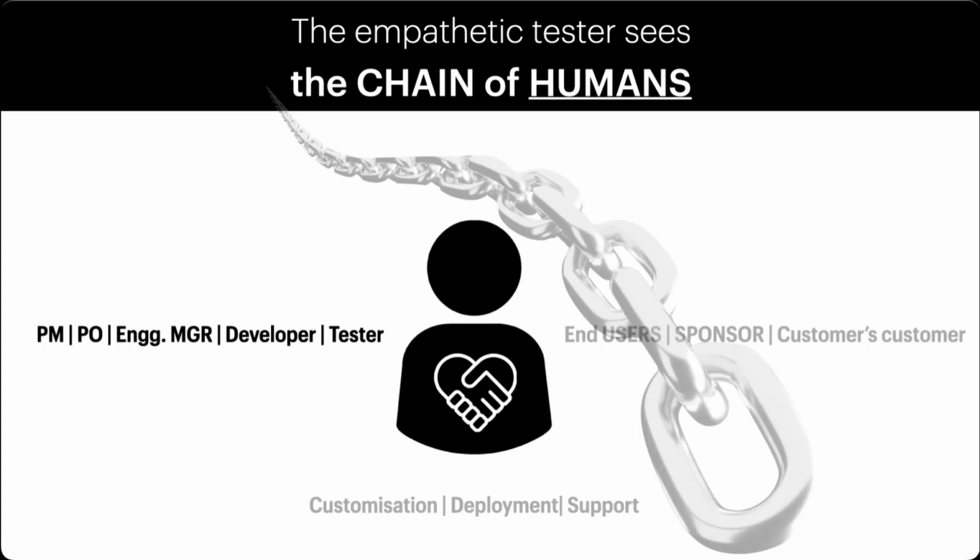The makers in the early stage, the product managers, the owners, the engineering managers, the developers and testers, as to what they might need, what they would benefit from by my empathy, my wisdom, my value. And then, of course, there are the intermediaries who come between the producer and the customer: the customization folks, the deployment folks, the support folks. And finally, to sum it up, the end users and the sponsors and the customer's customer.